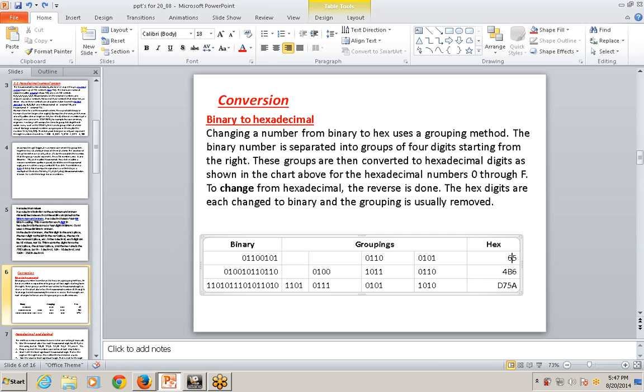First of all, convert or group the binary number into chunks of 4 digits, that is 0110 and 0101. Then calculate using 2 power 0 into digit plus 2 power 1 into digit, as I told you in the first two classes, plus 2 power 2 into 1 plus 2 power 3 into 0, and so on.